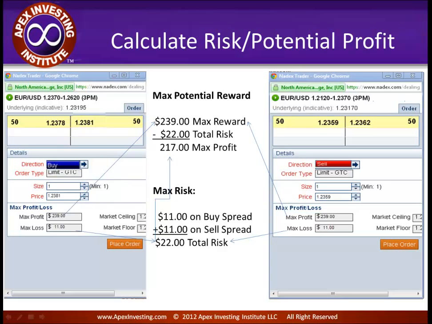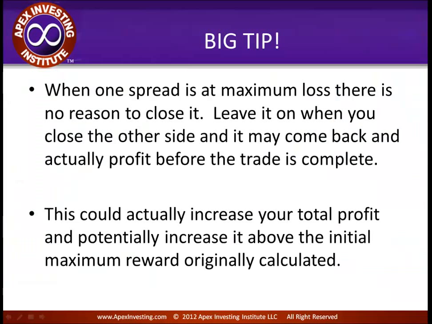That makes our max profit on the trade. If one of them has maximum loss and the other one makes money, the most money we could make on the trade would be $217. $239 minus $22 of maximum risk.